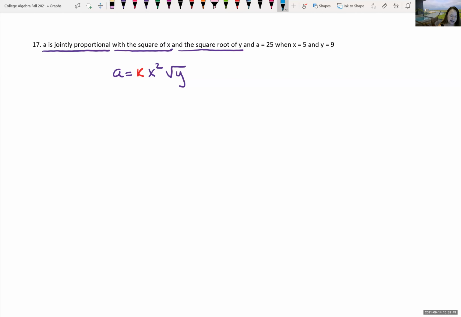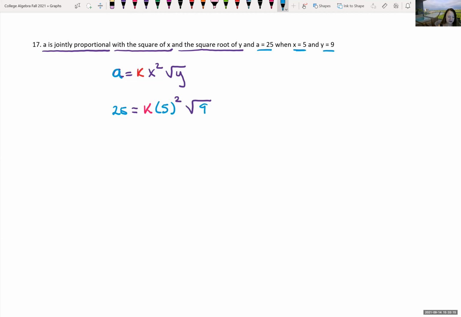It tells us that A is 25. So we have 25 is equal to K, X is 5, so times 5 squared, and the square root of Y, and Y is 9.